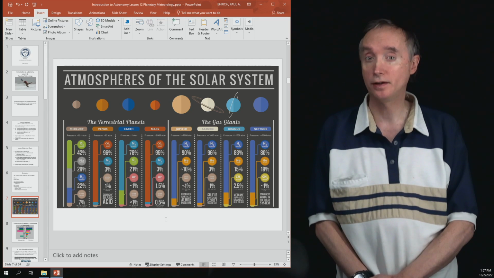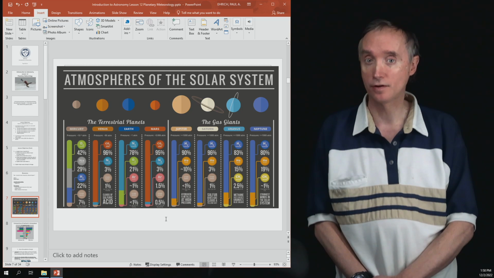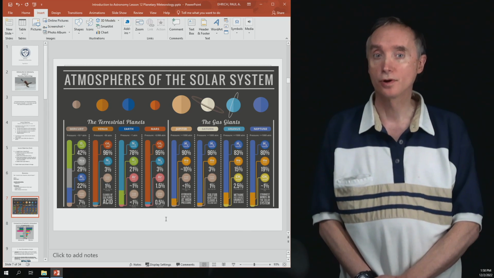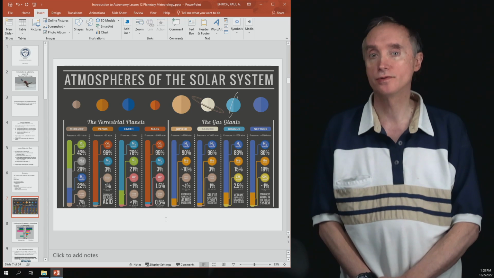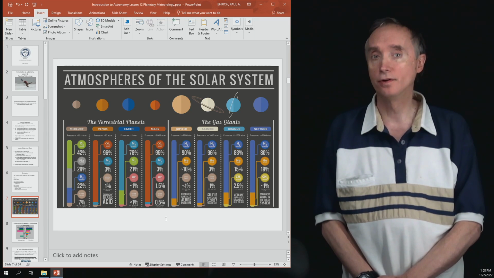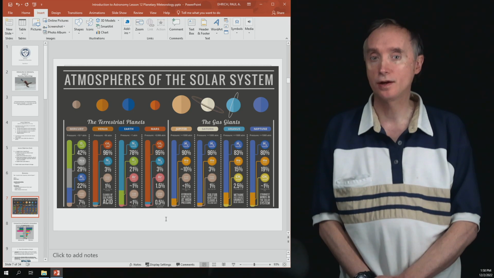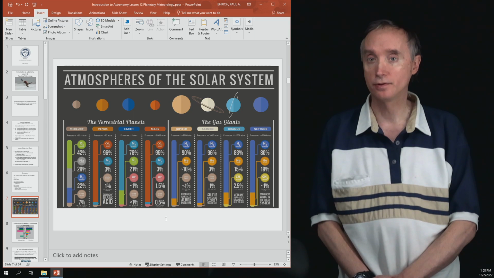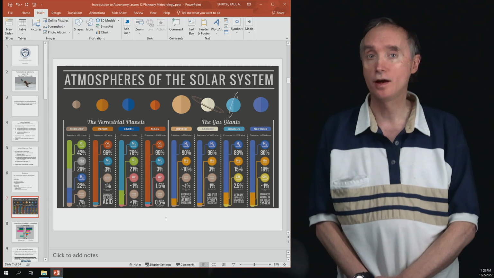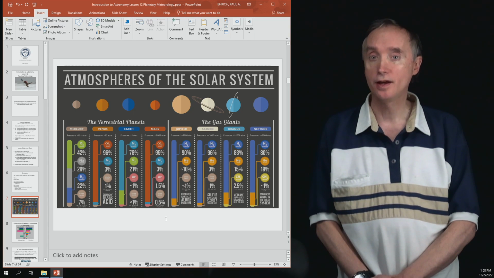The difference being that on Venus there's a lot of CO2, a very thick atmosphere, where it's the exact opposite on Mars. If you look at Earth, though, you'll notice that we have two major elements in our atmosphere. So we have a lot of nitrogen, and then we have a lot of oxygen. So later we'll talk about where did that come from.